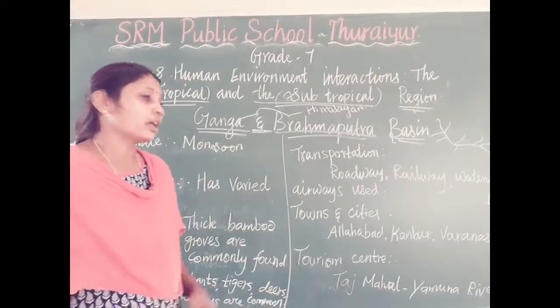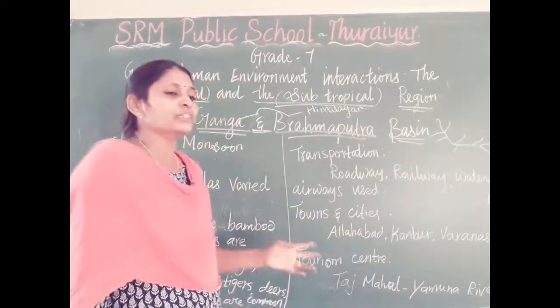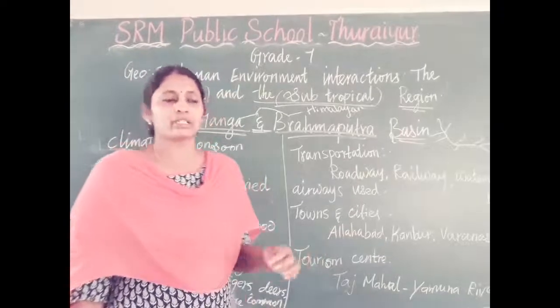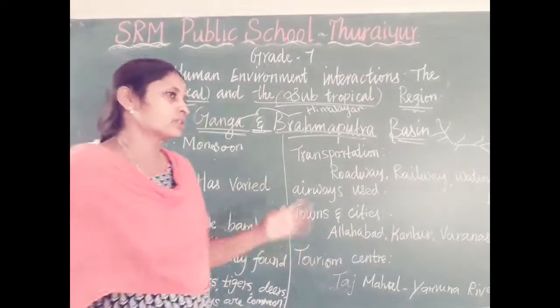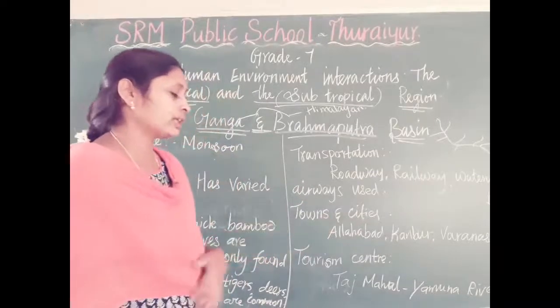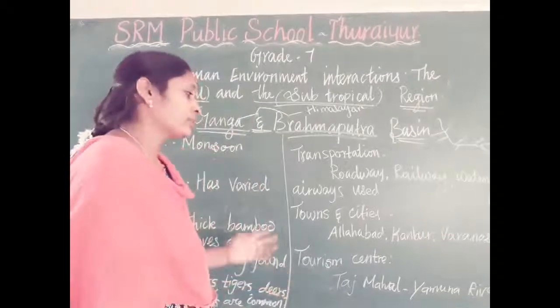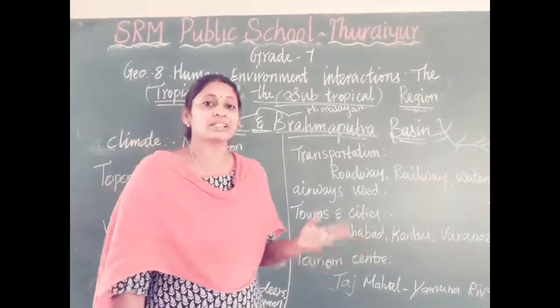Each and every place is very important. Allahabad is the birthplace of our first Prime Minister Jawaharlal Nehru, so his museum is located here. In Kanpur the world famous IIT is present. Varanasi is also called Kasi.